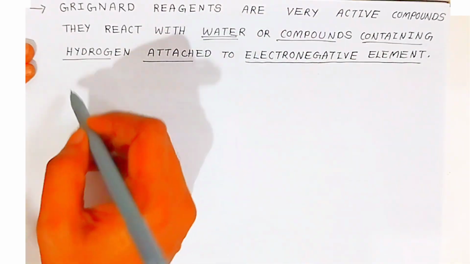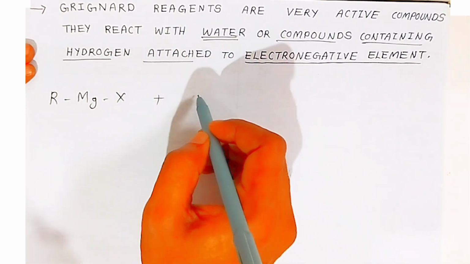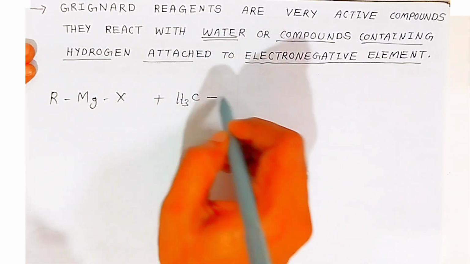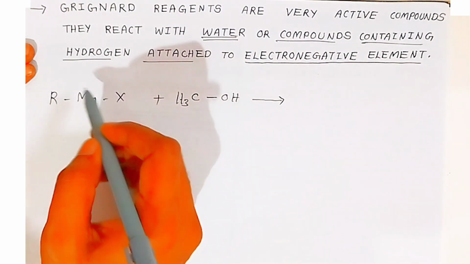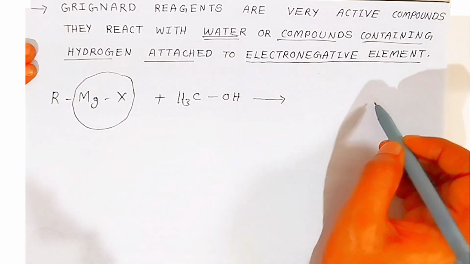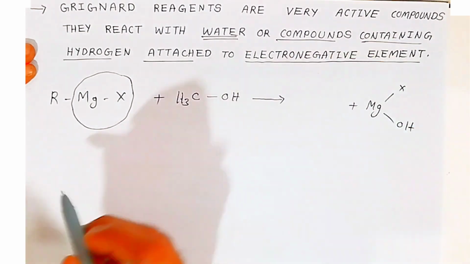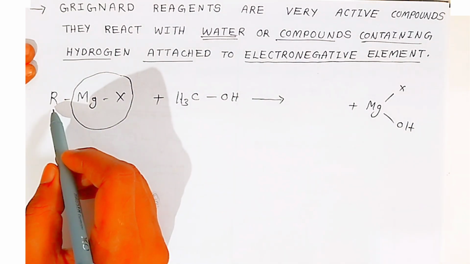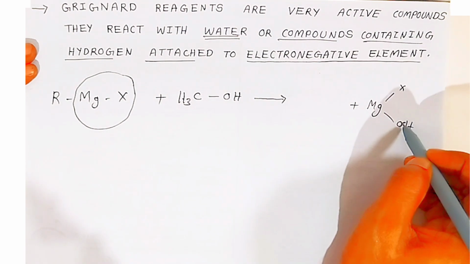Example, students: this is your Grignard reagent RMgX. React with the hydrogen of the alcohol. What happens, students? This part reacts and forms MgX and OH. And this alkyl will react with the hydrogen. This is CH3, students.